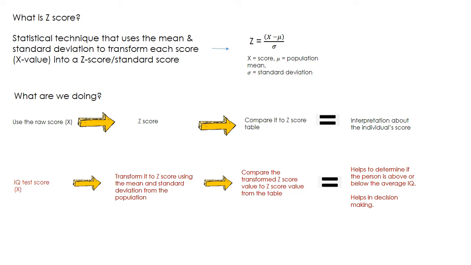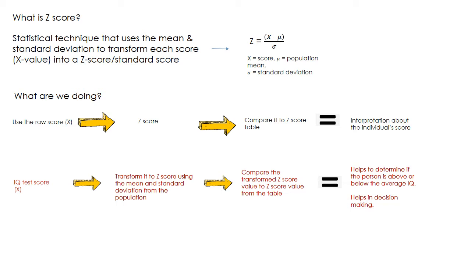Let's say that you would like to get into world famous Harvard University, and Harvard has an IQ test score. They say that only the cream of the cream, the smartest people on earth, can study in Harvard University.